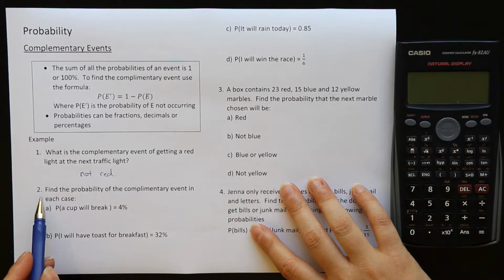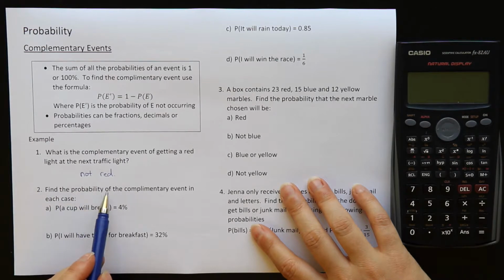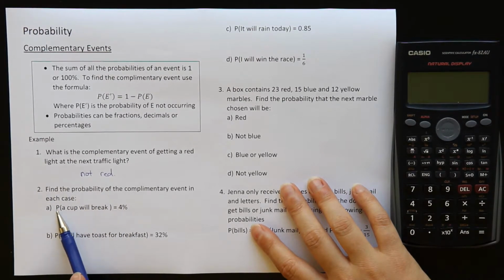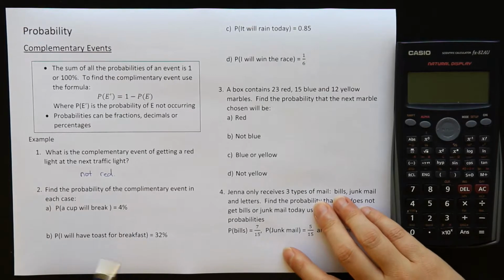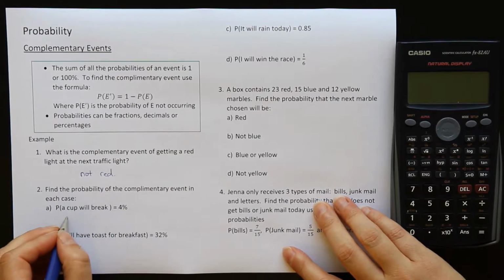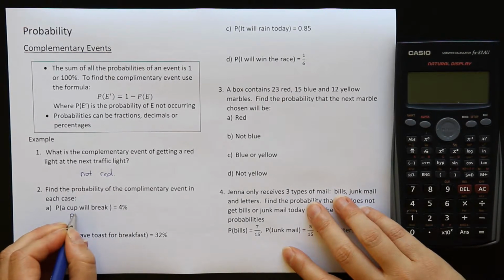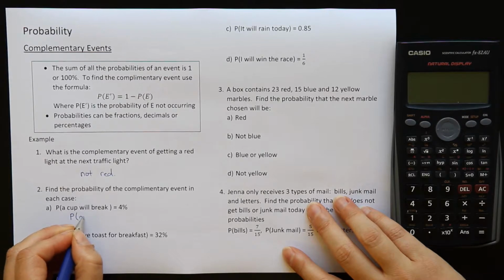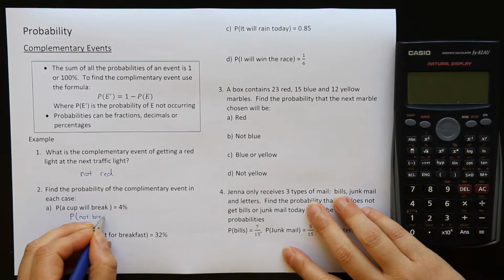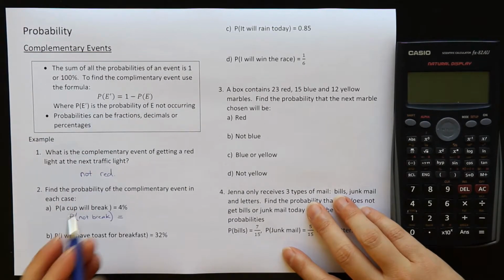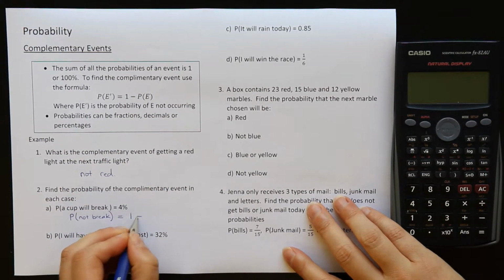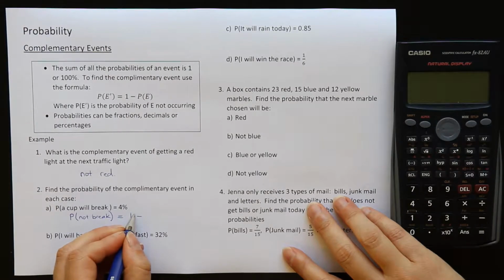In question 2 we're going to find the probability of the complementary event in each case. The probability that a cup will break is 4%. So the probability that it will not break is going to be equal to, using this formula, 1 minus, well actually not 1, sorry, we're doing percentages.